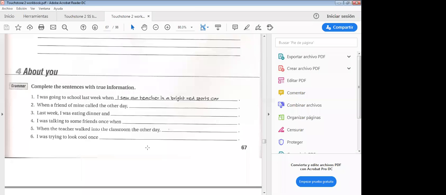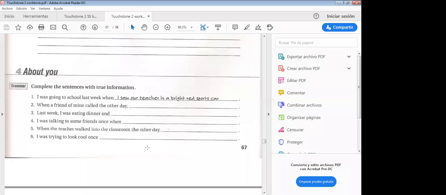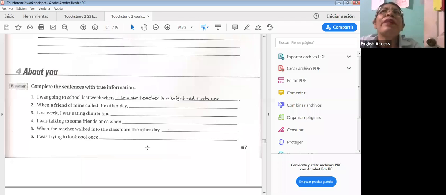Last week, I was eating dinner and prepared a delicious dessert. And what? And prepared a delicious dessert. No. Try to think about another thing because you're saying I was eating dinner and then I prepared, so that means that you didn't finish with your dinner?